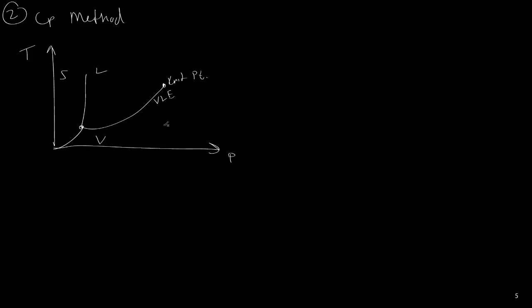And what we are interested in is the transition from a saturated liquid here going over to a saturated vapor over here. Oh, my bad, this is a switch, this is pressure, and this is temperature.